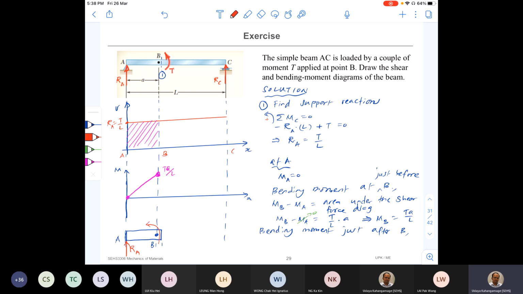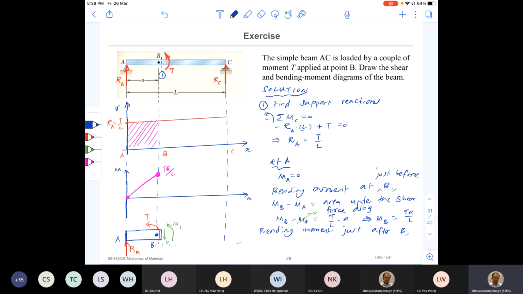This is T. After that, we have our shear force V1 and the bending moment M1, which is just after B. Can you find the value of M1?